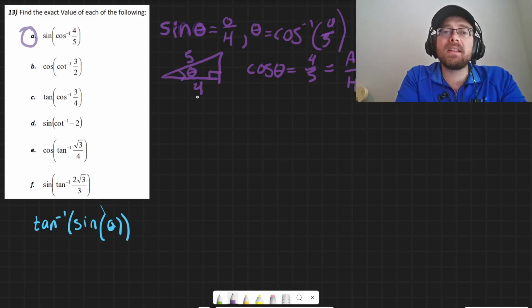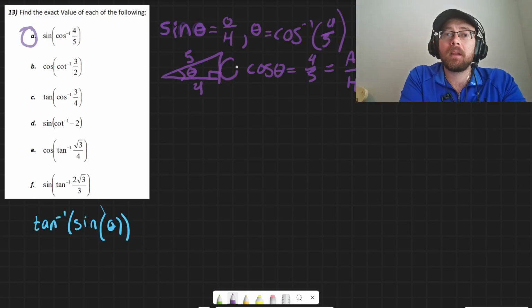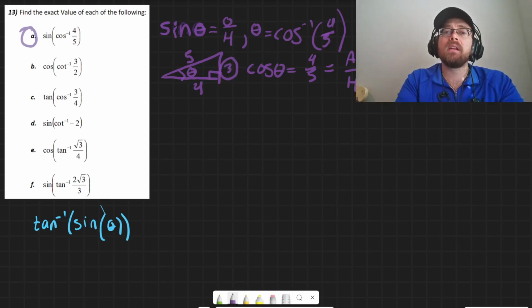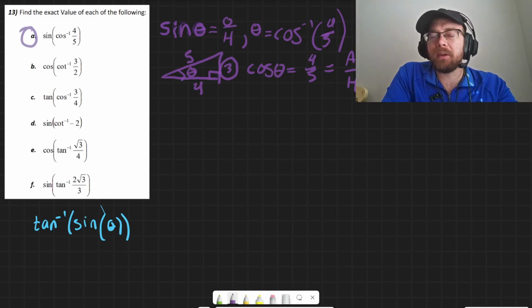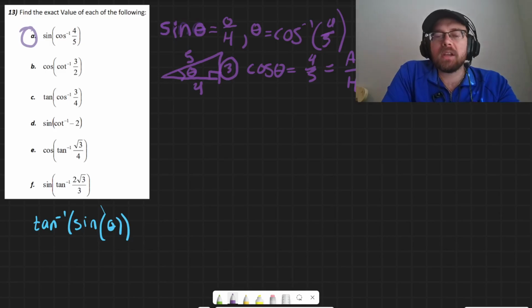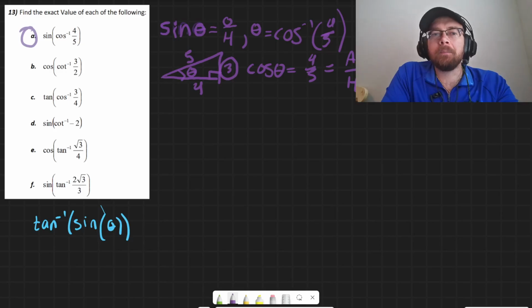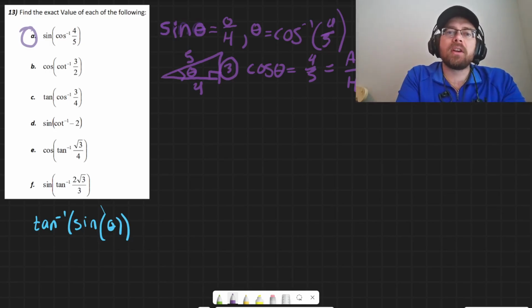Well, because I know 2 out of the 3 sides of a right triangle, I can use Pythagorean theorem to solve for the other one, which would be, I'm going to put a circle around this, 3, and I'm going to put a circle around it because you could use Pythagorean theorem to find it out, but it's a 3, 4, 5 triangle, so if you know a few Pythagorean triples, meaning like nice numbers that make a right triangle, the sides of a right triangle.